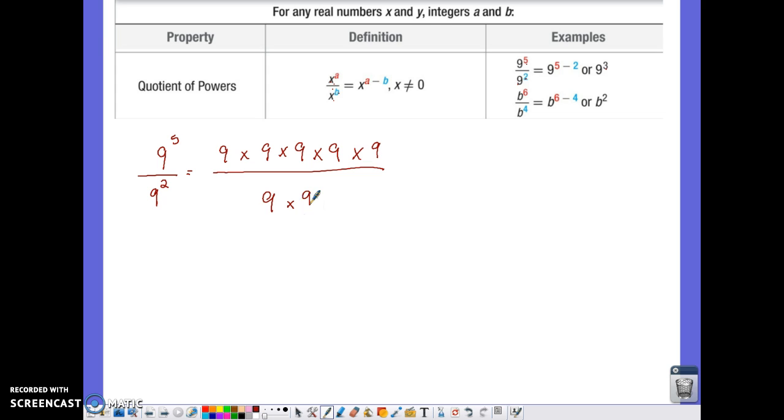Now, when we simplify, 9 divided by 9 is 1. 9 divided by 9 is also 1. So this is equal to 1 times 1 times 9 times 9 times 9, simply 9 to the 3rd. So it's 9 cubed. Again, feel free to verify it with any numbers you like.